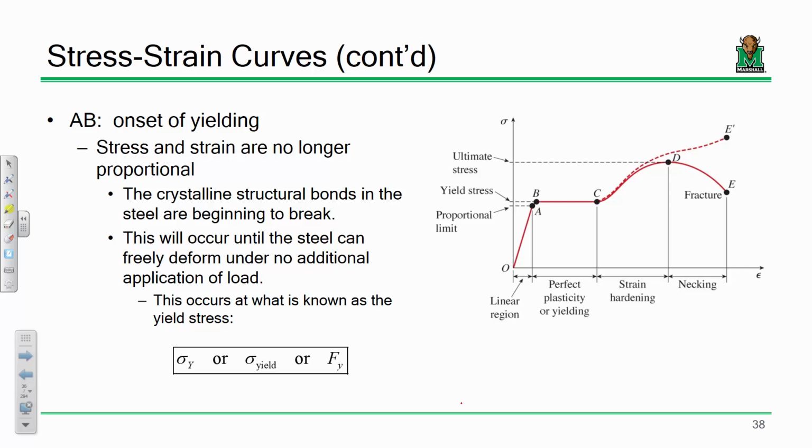It is a crystalline structure of molecules and whatnot bonded together. When you're taking this tension member and you're loading it, okay, and you're stretching it, those bonds are stretching as well. And there's a point when those bonds begin to break, okay? And what happens is you get to a point where it begins a process called yielding, okay?